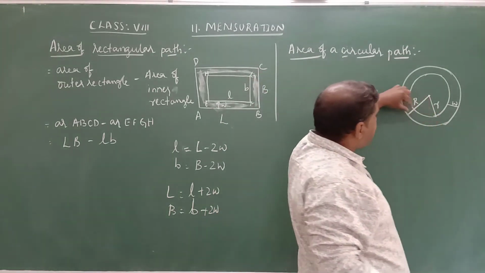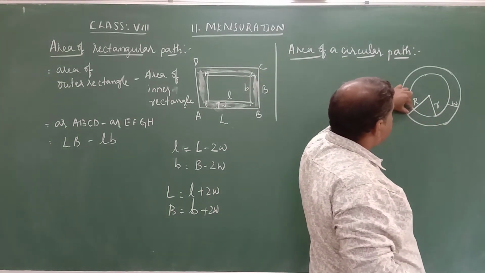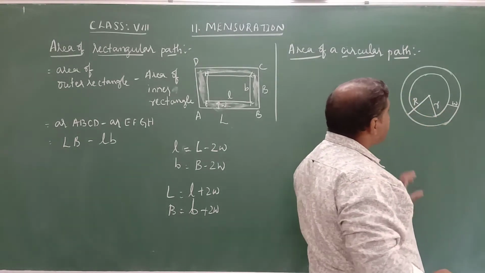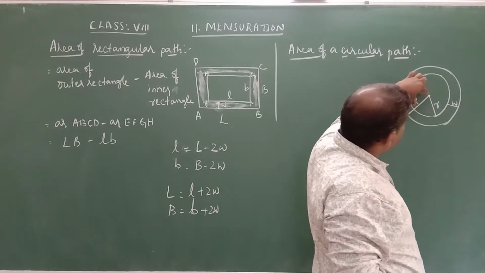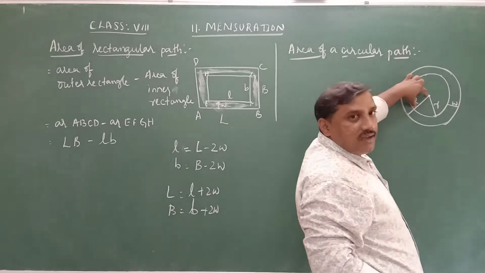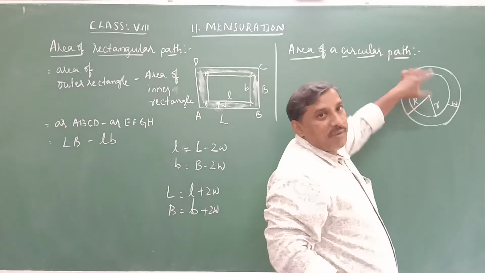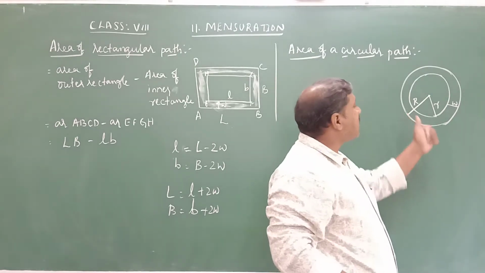Now what is this length? It is the width of the circular path. How do we find the width? If you observe the figure, this length is the radius of the inner circle and this is the radius of the outer circle. By subtracting these two, we get the width of the path.